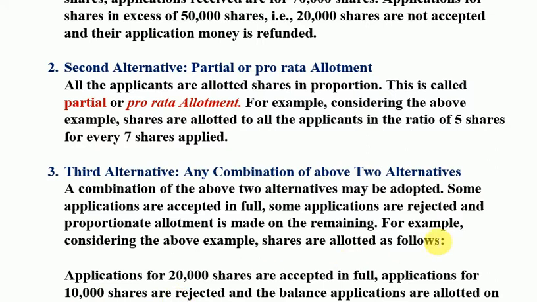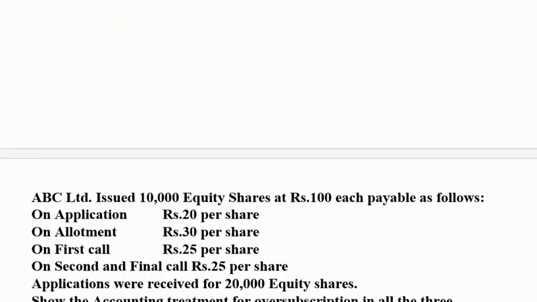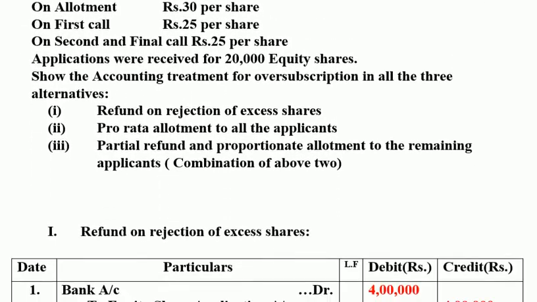What I mean to say is the company issued 10,000 shares, but the public applied for 20,000 equity shares, which means the number of shares oversubscribed will be 10,000. So we need to adjust these oversubscribed shares, and we will see that with the question as a solution. We move ahead with all these three alternatives, taking them one by one, and then see the treatment.